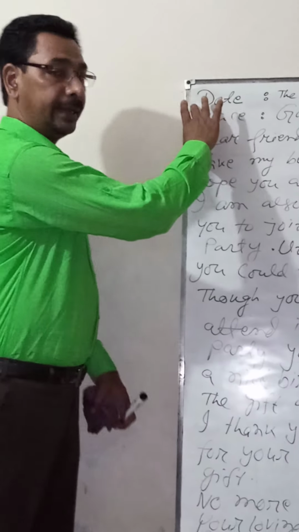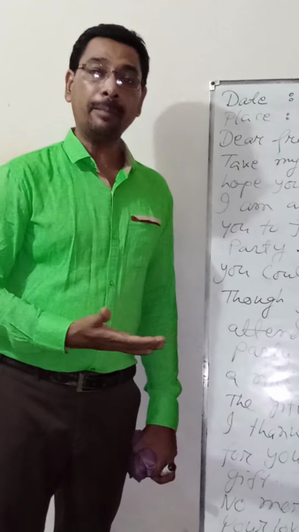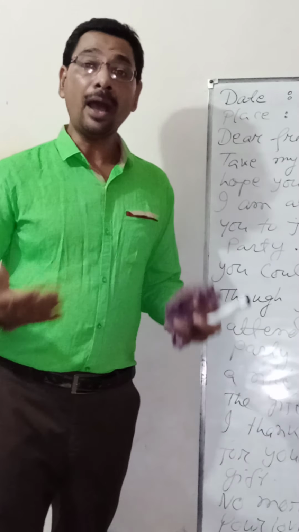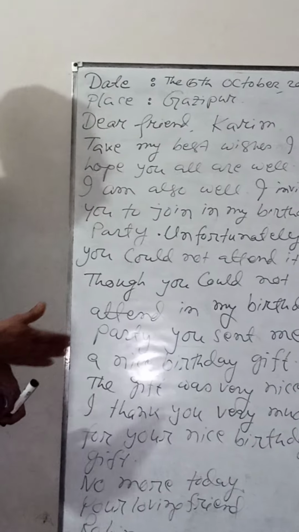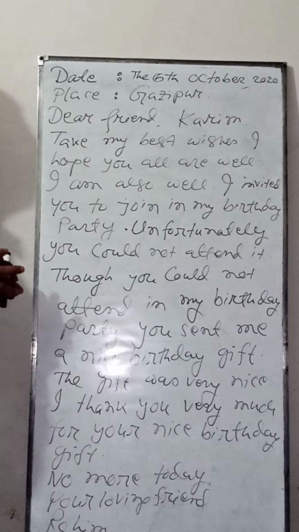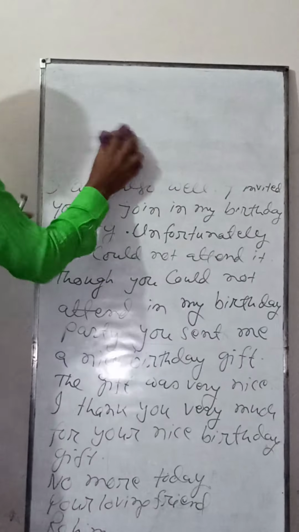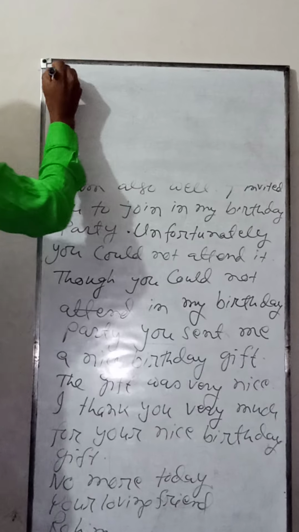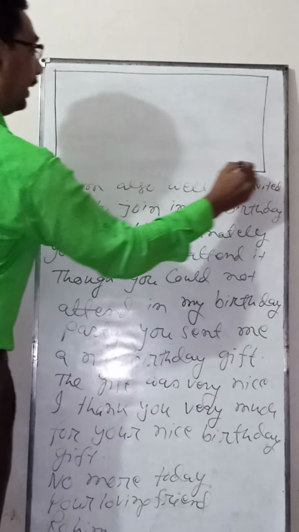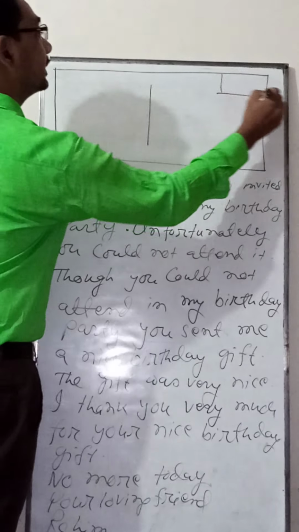But I have written here the email address, but in the case of a letter, you also have to write an address. After completing the letter, you have to draw an envelope. Okay, now I'm showing how to draw an envelope. You see, you have to write here the stamp.